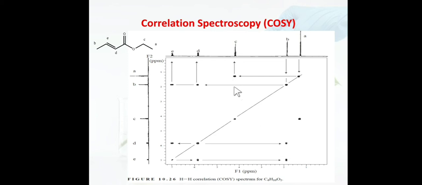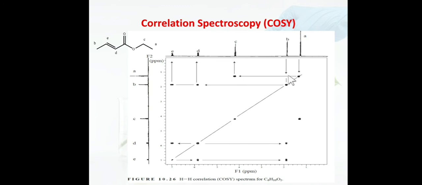If we get a dot on the same line of that proton, then these two protons are correlated or coupled. So let's start with A. This is the simple structure. A is coupled with C. You can see here A, B, C, D and E. A is showing coupling or a dot only with C.